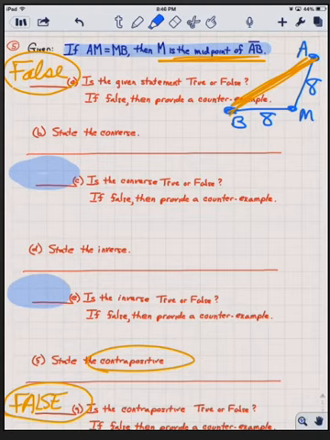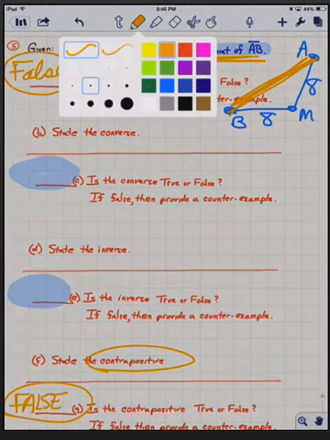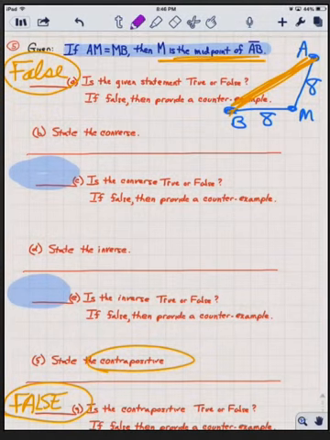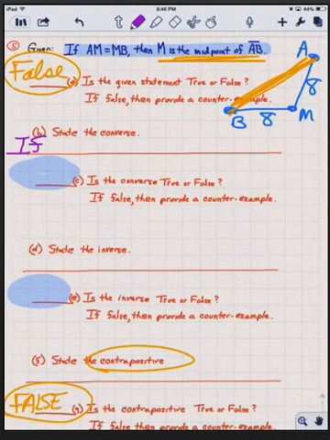So we'll continue. The next thing we have to state here is the converse. The converse is going to be an if-then statement. So the converse is going to start with the word if. It's going to be a conditional statement. You don't have to state it in if-then form. And it's going to have the word then in it. The difference between the given statement and the converse is whatever was the conclusion for the given statement is now going to be the hypothesis for this statement.